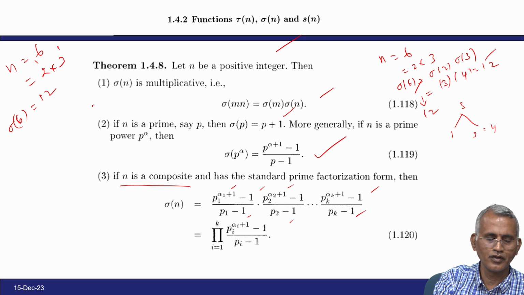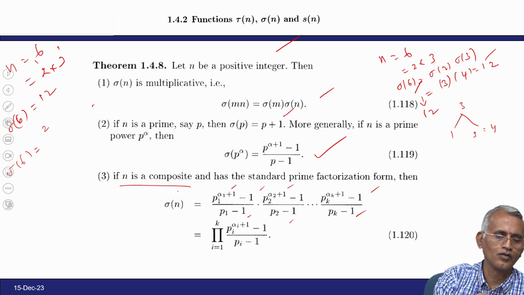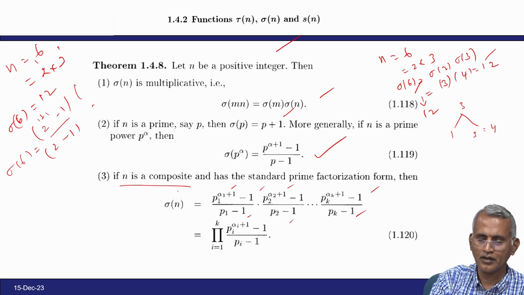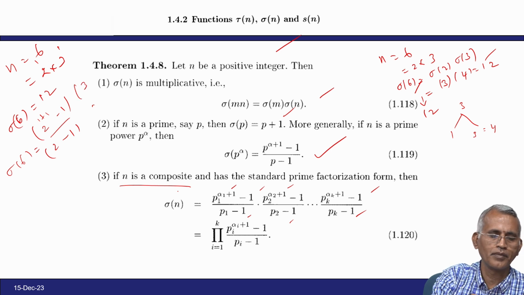Now, you can write sigma of 6 is equal to, for p 1, 2 power 1 plus 1 minus 1 by 2 minus 1, into 3 power 1 plus 1, because the power is 1, minus 1 by 3 minus 1.